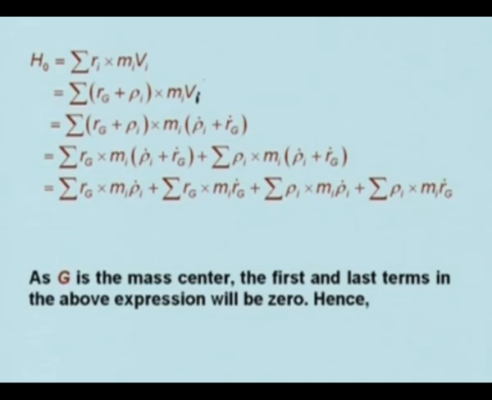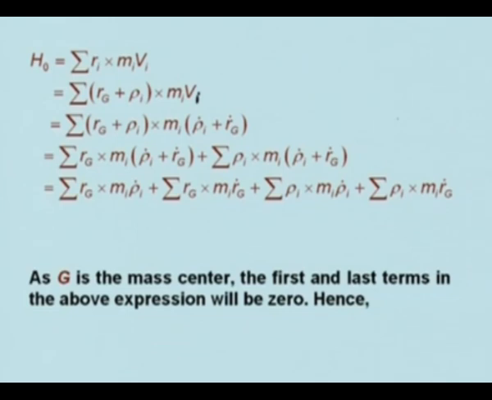Now this can be written as sigma Rg plus rho I cross Mi rho dot I plus R dot G, and that becomes sigma Rg cross Mi rho dot I plus R dot G plus sigma rho I cross Mi rho dot I plus R dot G, and this is equal to sigma Rg cross Mi rho dot I plus sigma Rg cross Mi R dot G plus sigma rho I cross Mi rho dot I plus sigma rho I cross Mi R dot G.